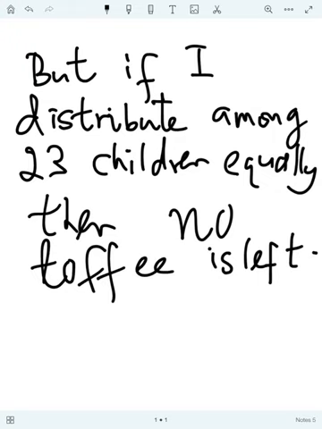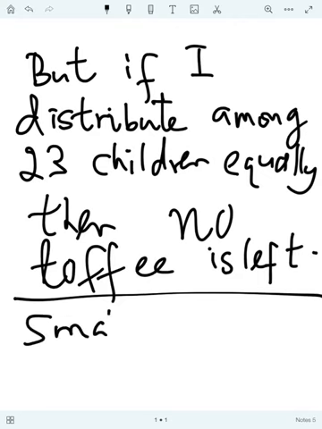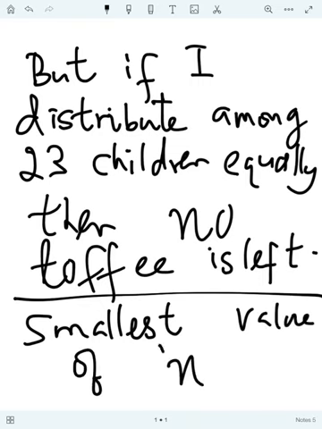So when I distribute among 23 children equally, no toffee is left, meaning all the toffees got distributed, everything finished, nothing remained. The question is, what is the smallest value of n? We have to find the smallest number of toffees which I have, n, based on this information.